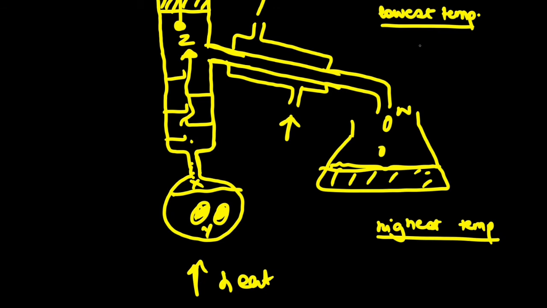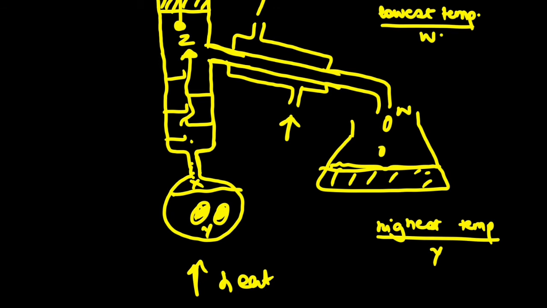The highest temperature will be at Y, and the lowest temperature will be at W. Oh sorry, I wrote it alternatively. The highest temperature will be at Y, and the lowest temperature will be at W. Now what's the reason? As you're seeing here, water has been condensed here. Condensed water is being added into the conical flask.